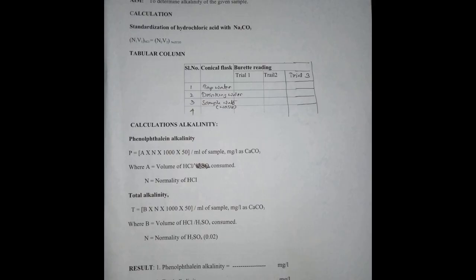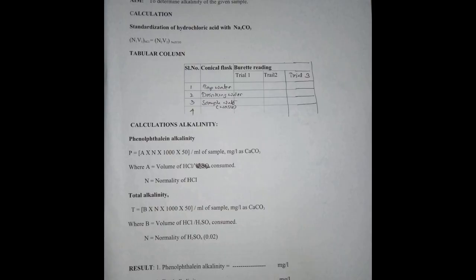For that you have to standardize the hydrochloric acid with Na2CO3, preparing the concentrations of HCl and Na2CO3 as given in the manual, and titrate to find the concentration of the HCl you are going to use.